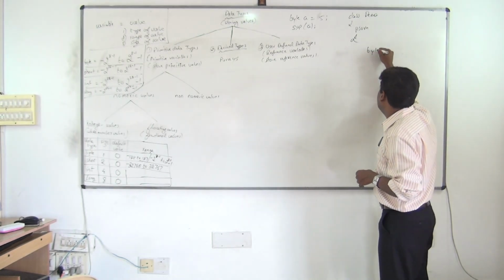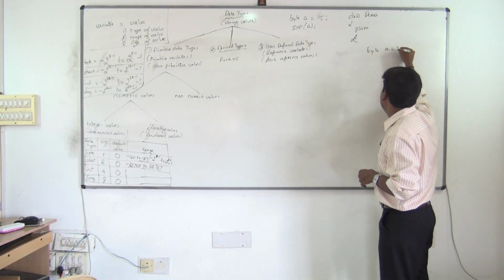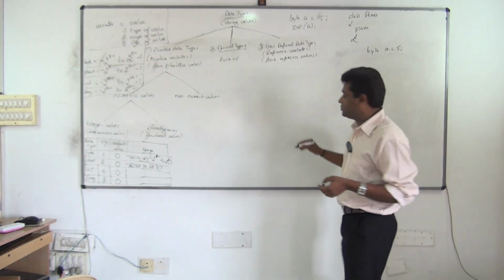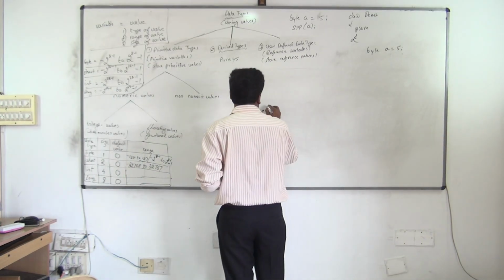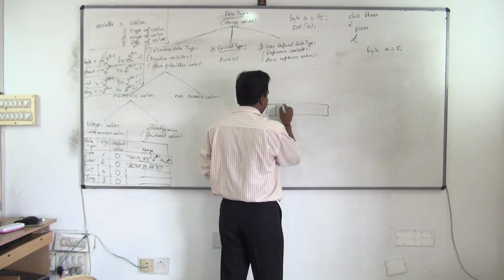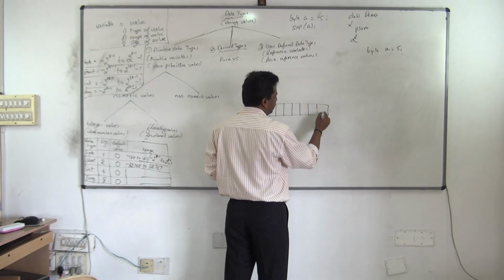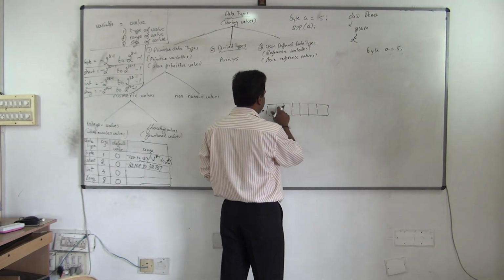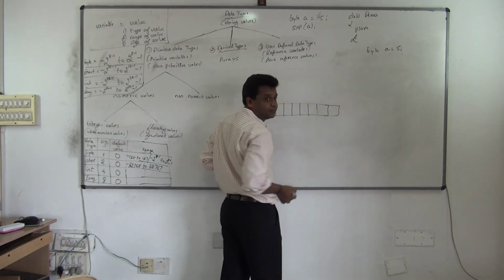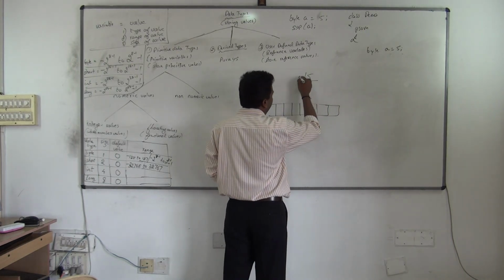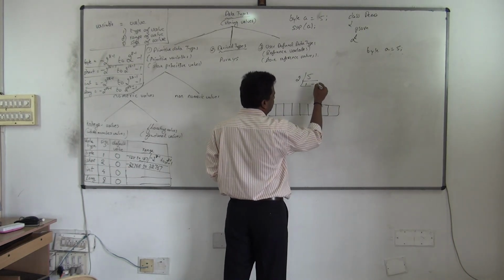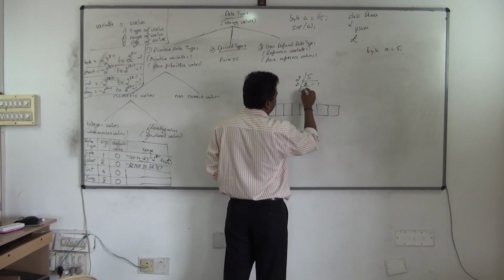So first I'll show you how positive numbers are stored. Byte A is equal to 5. Let's see how it is stored. Everything in a computer gets stored in binary format only. So first, 5: 2 2s are 4, remainder is 1; 2 1s are 2.